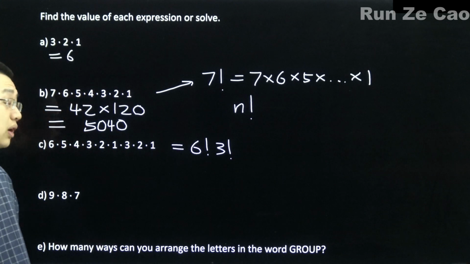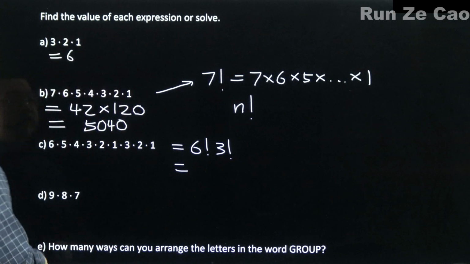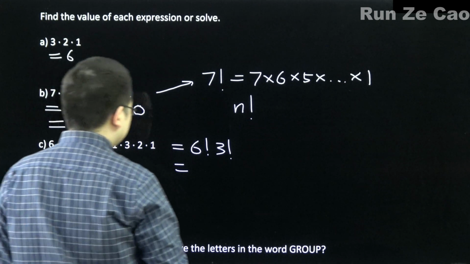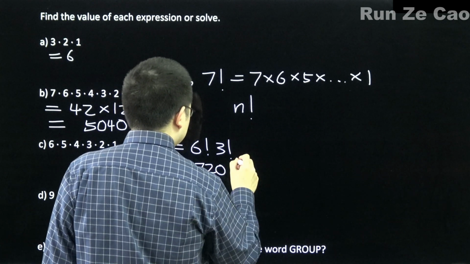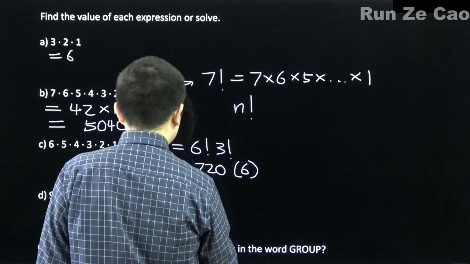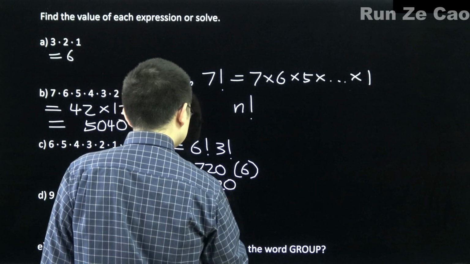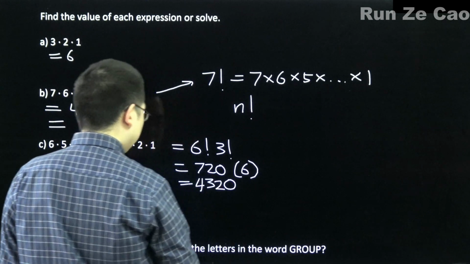We actually want to evaluate the actual numbers. 6 factorial, we know 5 factorial is 120. 6 factorial is 120 times 6, which is going to be 720. 3 factorial is 6. Therefore, this is going to be 0, 2, and 42 up there.